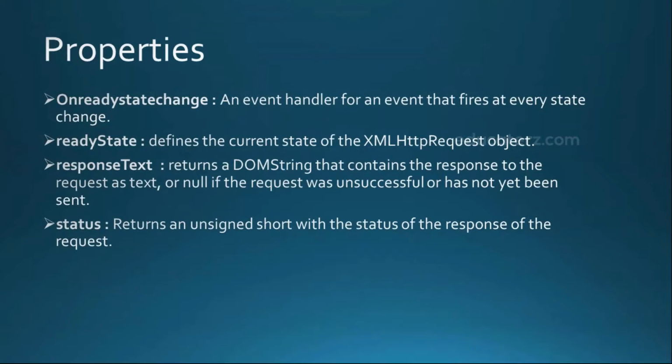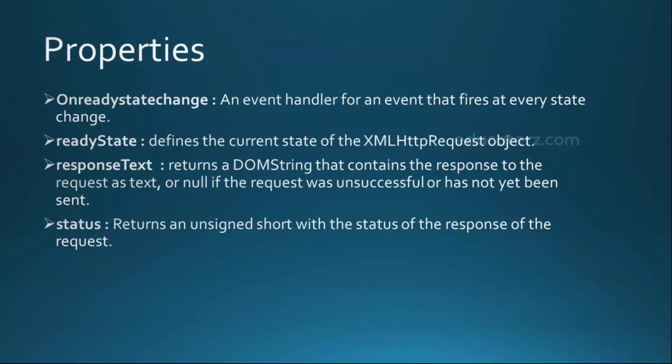Ready state defines the current state of the XmlHttp request object. We have different states, like loading, under progress or queued, so it will define in which state our XmlHttp request object currently is. Coming to response text, it returns a DOM string that contains the response to the request, or null if the request was unsuccessful or has not yet been sent.